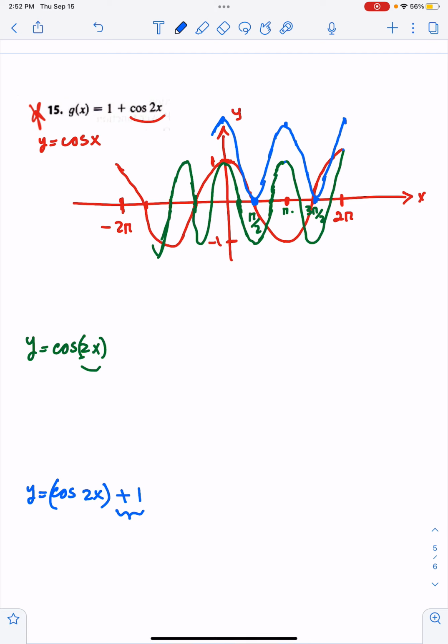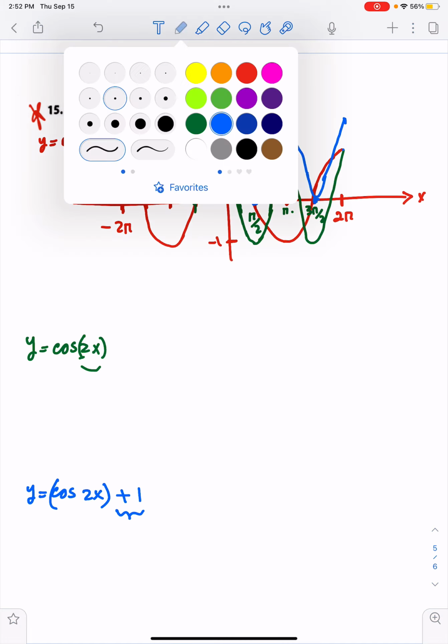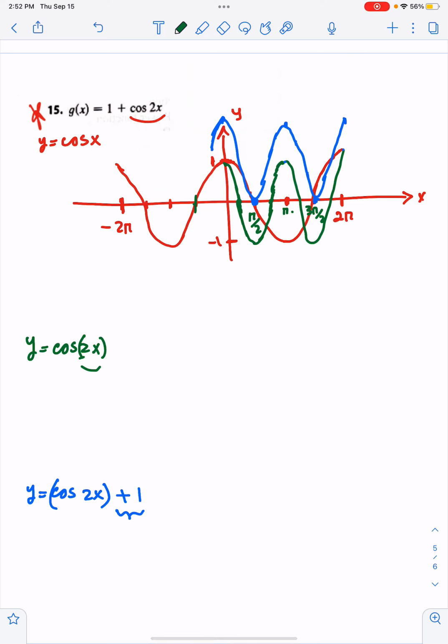You are going up 1 unit everywhere. So basically, if I just look at the original, let me do it more accurately with the green. If you think of the green going halfway here, then going down here, then up, and so forth.